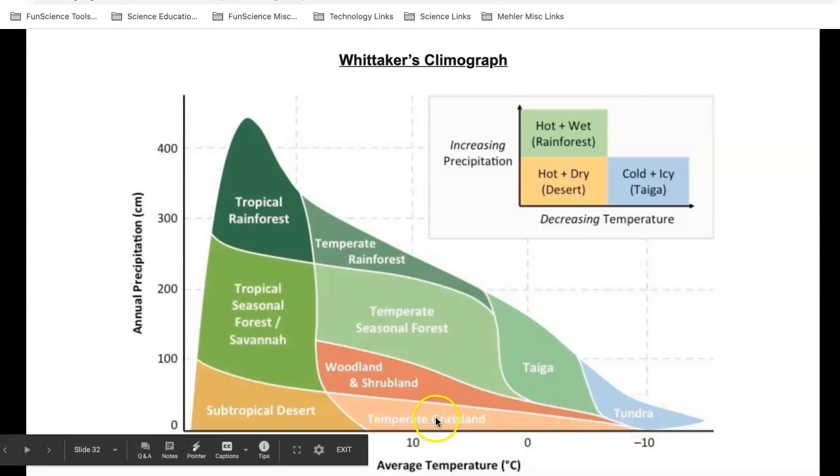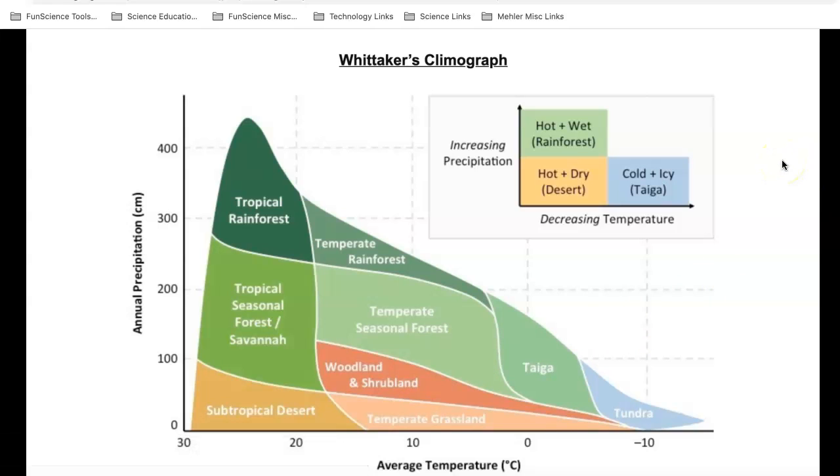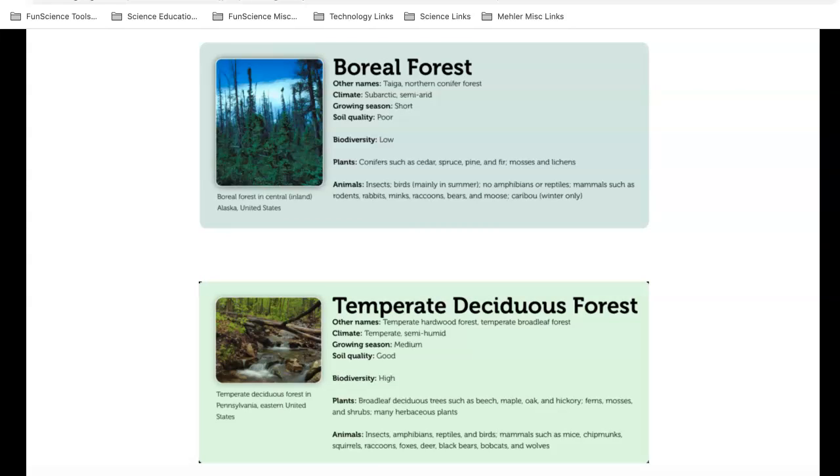They're a little warmer and they might have a little more water than some areas of the tundra. This is showing you that the two factors that dictate climate are annual precipitation and the average temperature of an area. Now in your text, they have a panel like this for each biome. So they have boreal forest, temperate deciduous forest. Make sure you read those and get a sense of what each of the terrestrial biomes is like.